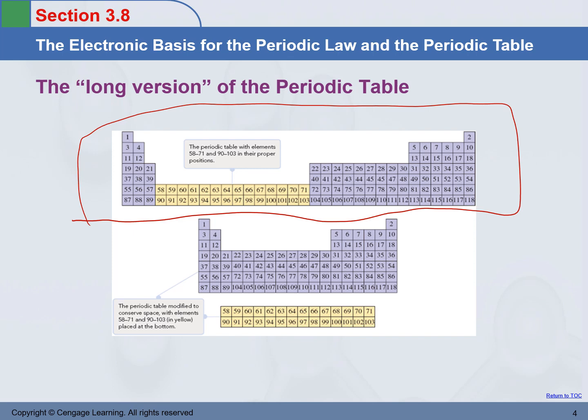So there will be the F area right here, 14 columns. But it's going to make the periodic table too long. It is not very convenient to use. So people cut them out and put them here, listing them out separately.